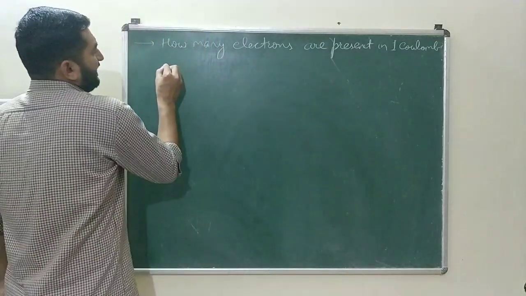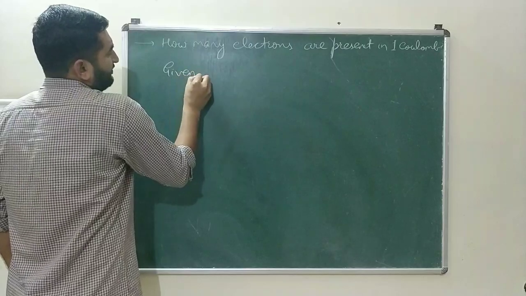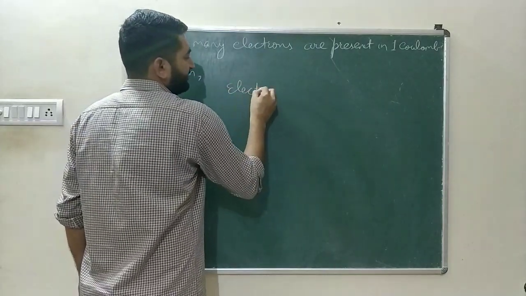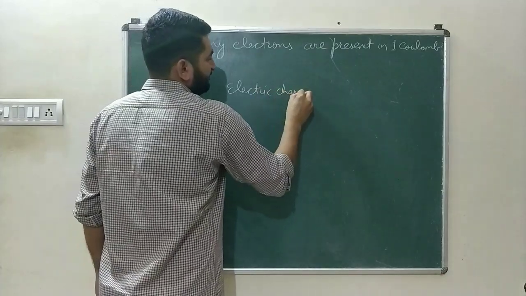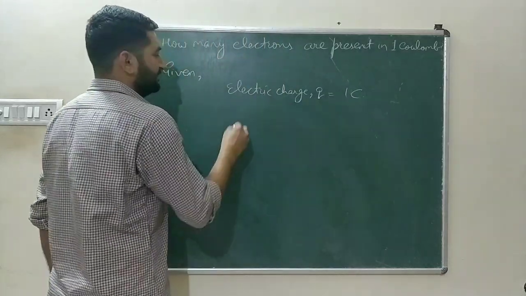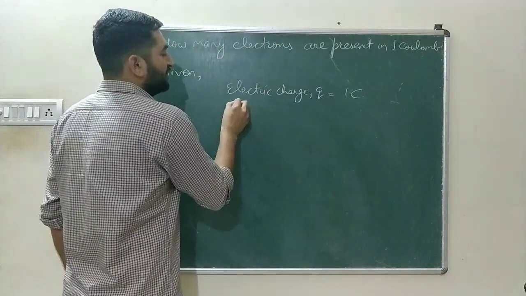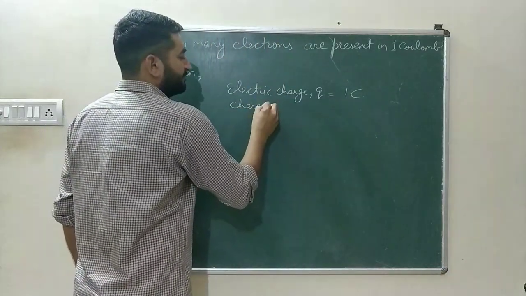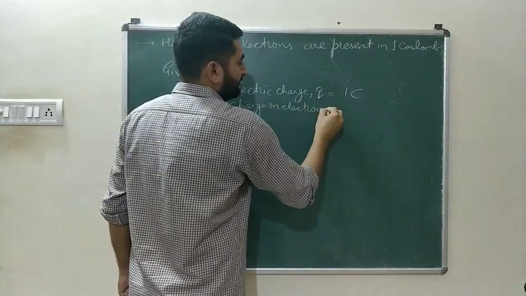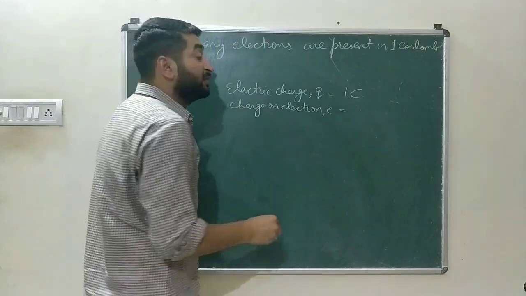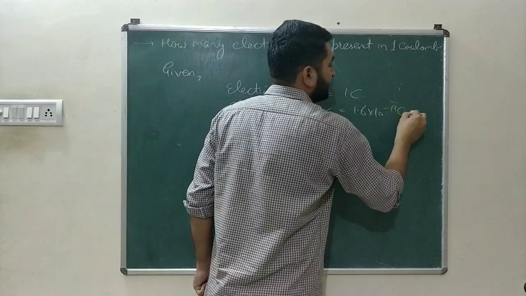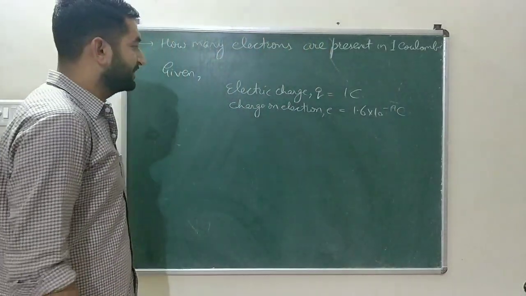So children, in this sum, the given thing to us is electric charge, which is 1 coulomb. We know the charge on an electron is minimum possible charge, that is 1.6 into 10 raised to the power minus 19 coulomb.